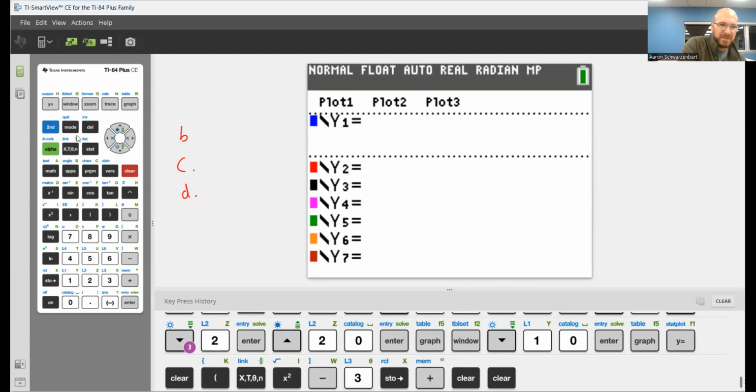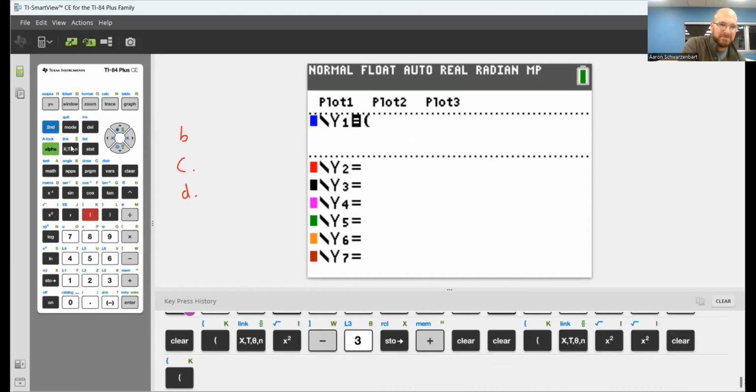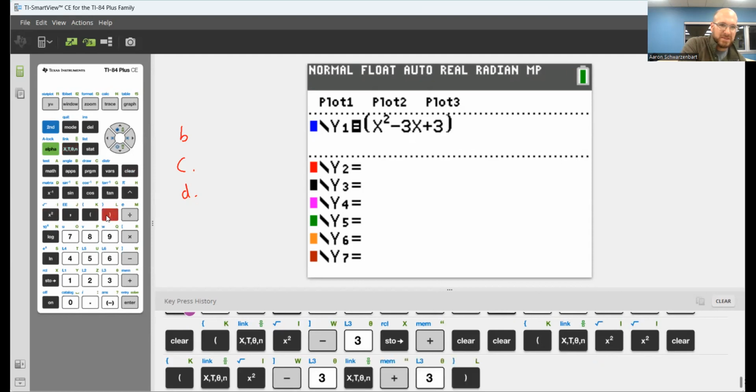Oops. I'm typing all kinds of things I don't mean to be typing. Wish I could use my keyboard for this, but it doesn't work. So I have to use the calculator's keyboard.